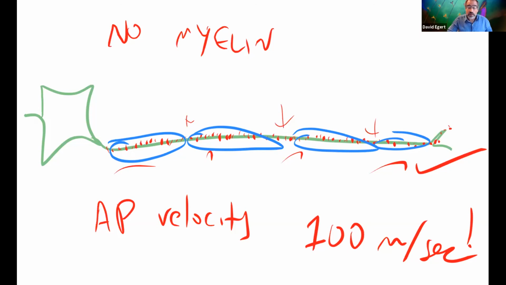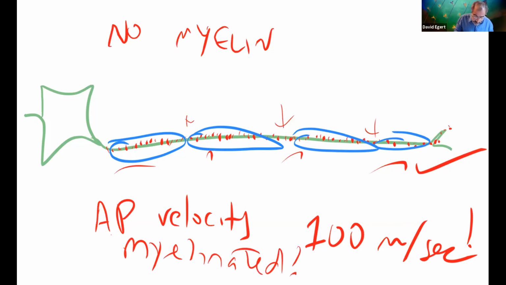Your fast pain fibers and the skeletal motor neurons that send messages to your skeletal muscle are all going to be large diameter myelinated fibers, to send the messages really fast.